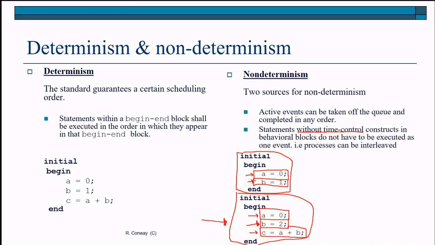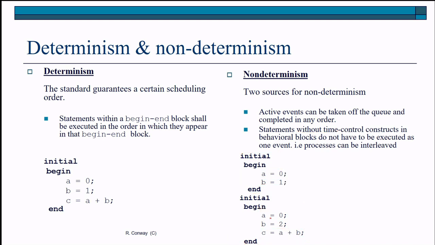So what we mean by interleaving is that it's possible for the simulator to move between the two initial blocks when processing these constructs in the active event queue, but we're still guaranteed that statements in a block are executed in the order listed. The problem with this in our example is that when the simulator executes this third statement, the value in A will always be 0.